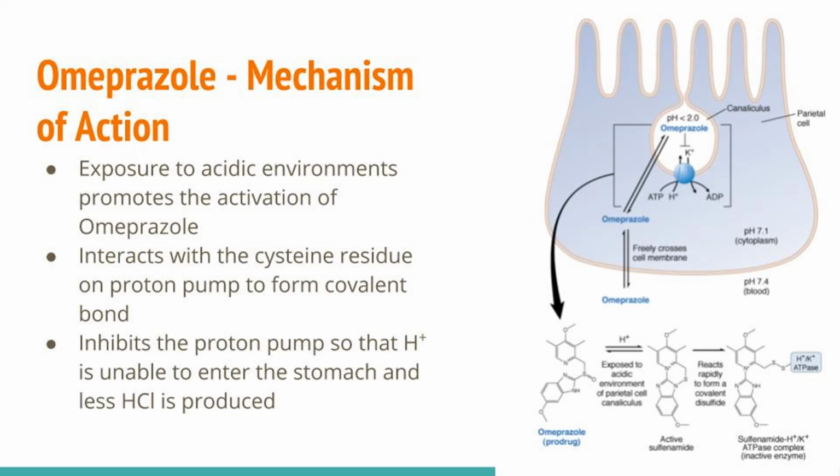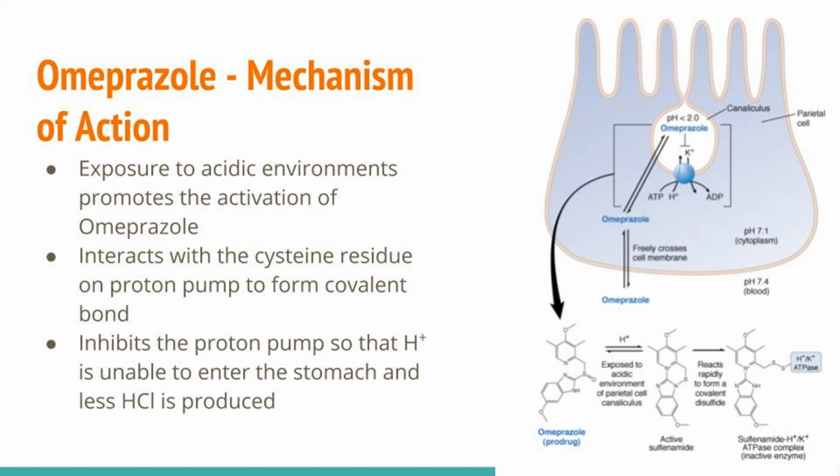In this image, uncharged omeprazole from the blood freely enters the cytoplasm of the parietal cell. Once inside, it then enters the canaliculus of the cell, which is highly acidic. This acidic environment promotes the conversion of omeprazole into its active form. The activated omeprazole inhibits the proton pump by interacting with the cysteine residue to form a covalent disulfide bond.